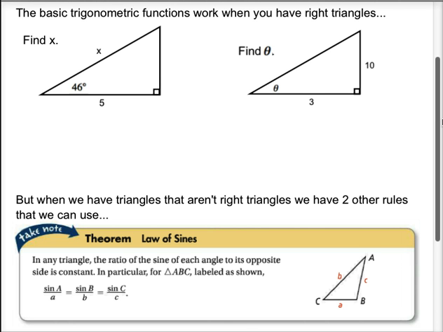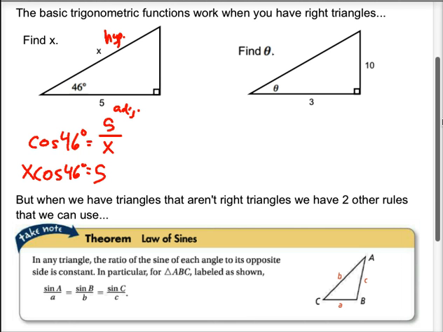So in this first one, what I see is I have the adjacent side and the hypotenuse to that angle. So that is telling me I'm dealing with a cosine trig ratio. So the cosine of 46 degrees is adjacent, which is 5, over the hypotenuse, which is x. If I want x by itself, first thing I have to do is multiply that x over.